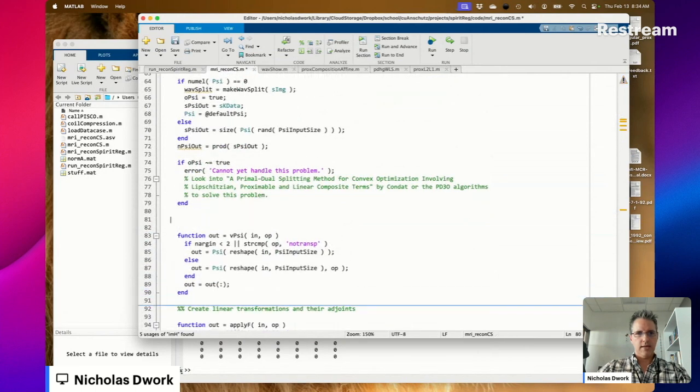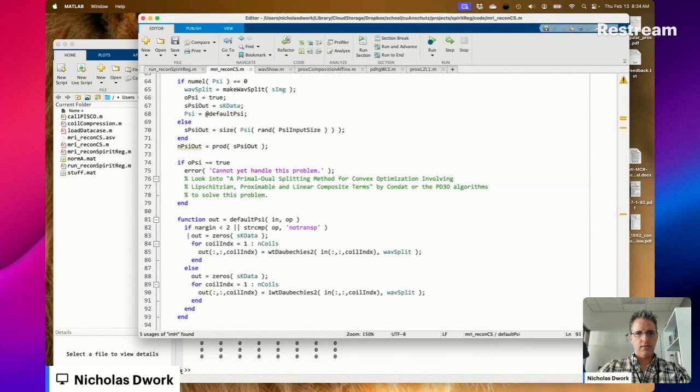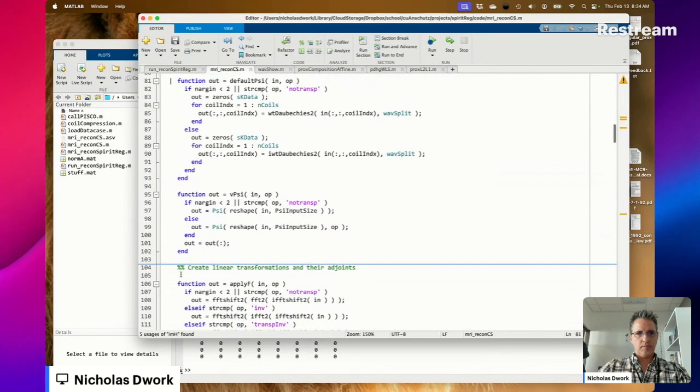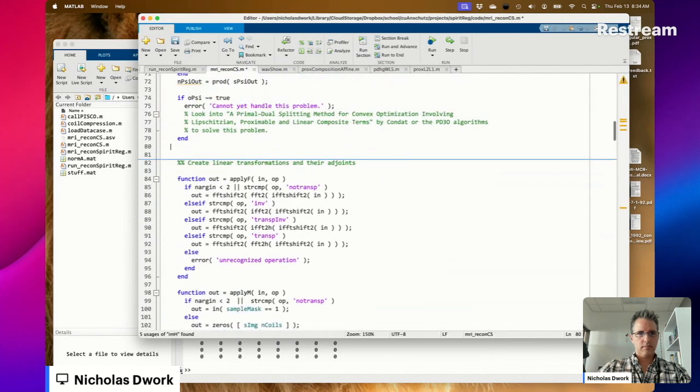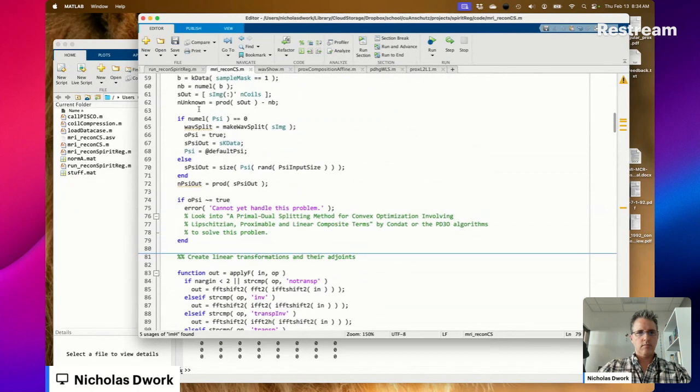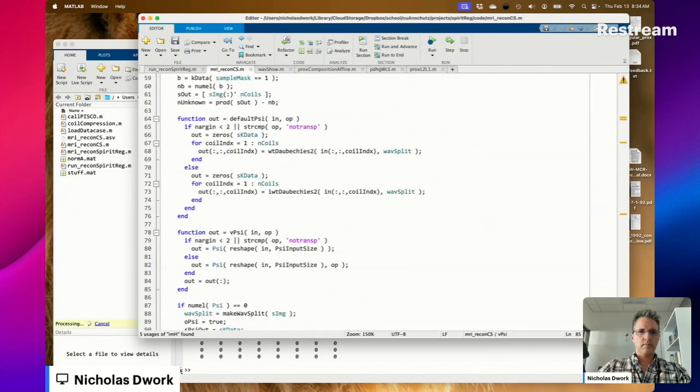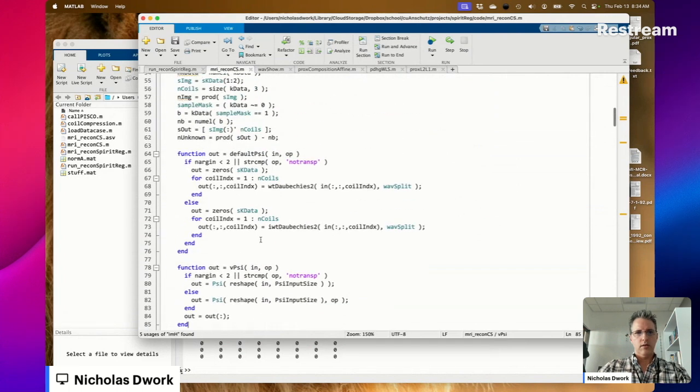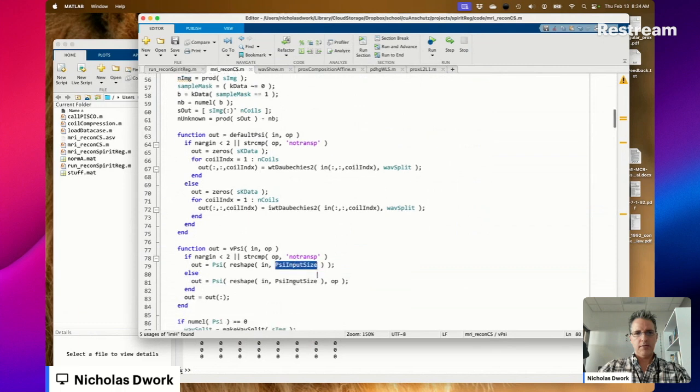V psi. So I do need this psi input size.